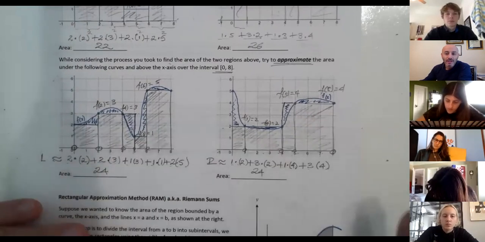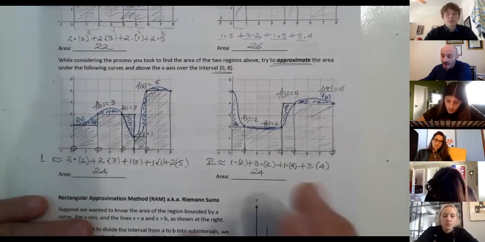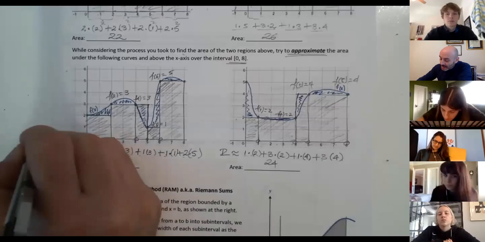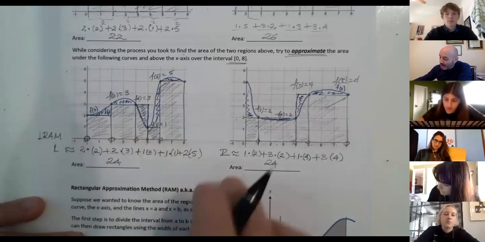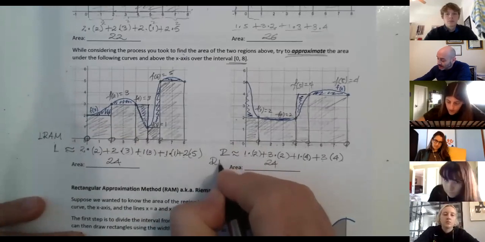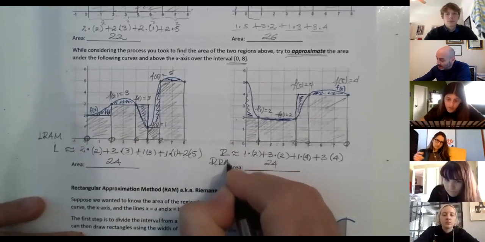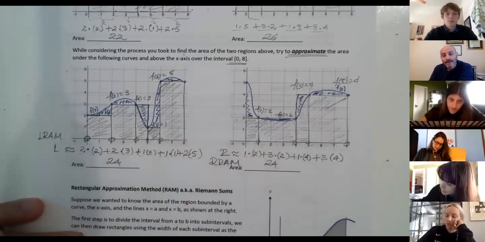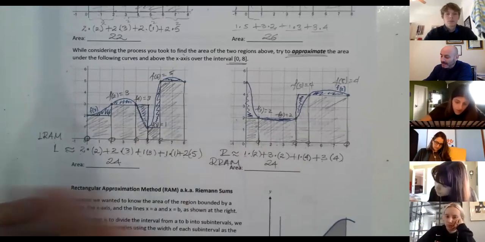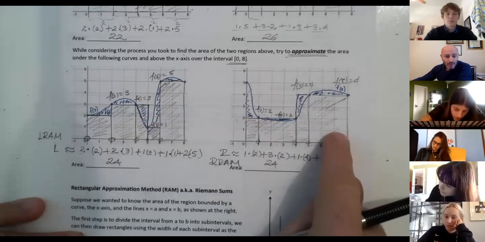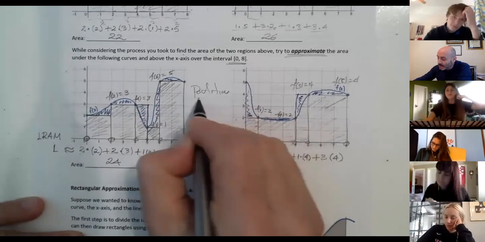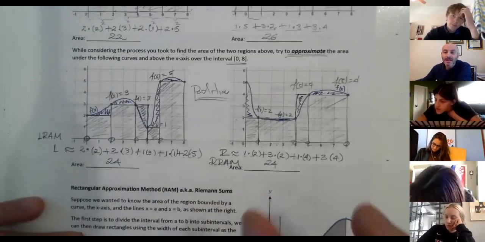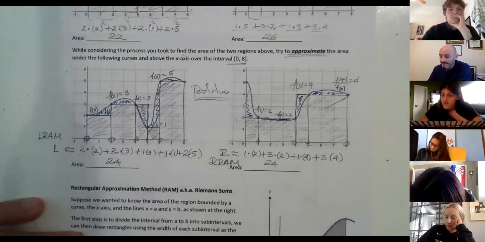So what I just illustrated is what we are gonna call the left Riemann sum and the right Riemann sum. Okay, that's the name of those. In this particular case, for both of them, we have a partition that is uneven, meaning the bases are not the same length, right?